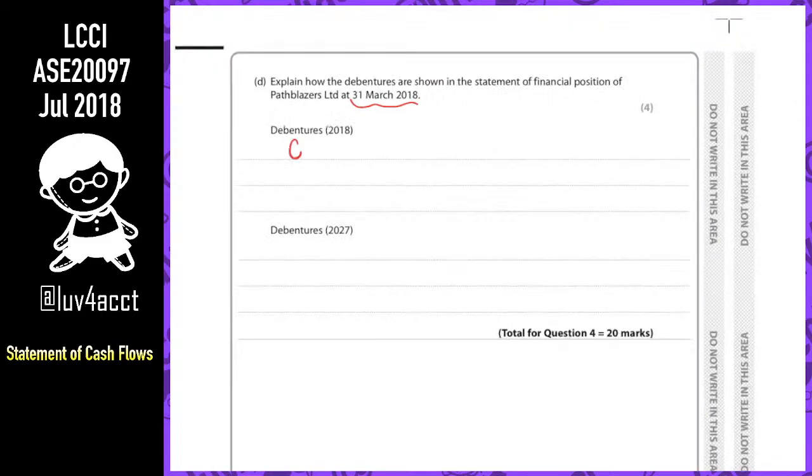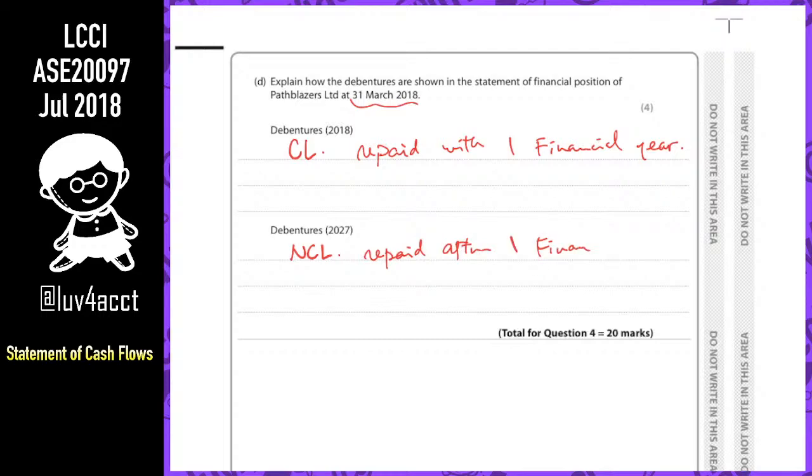Okay, this would be current liabilities, this would be non-current liabilities. Okay, so because it is to be repaid within 1 financial year, okay, and then this one is repaid after 1 financial year.